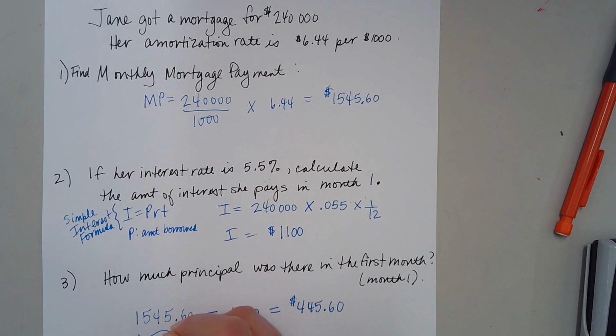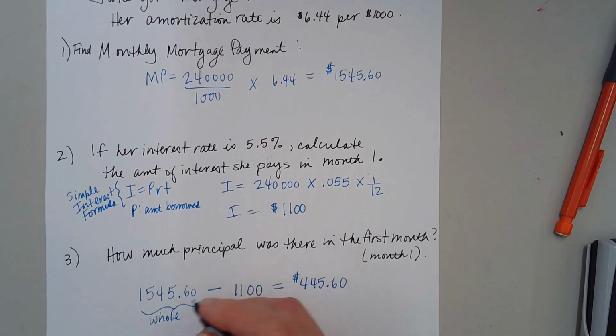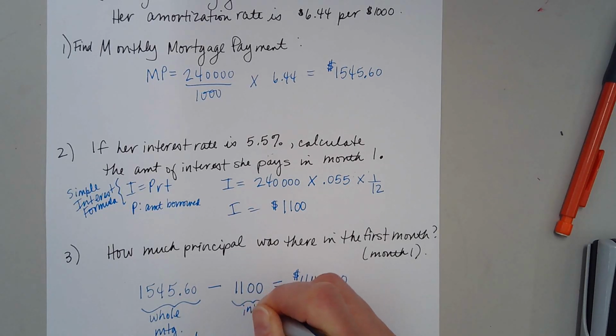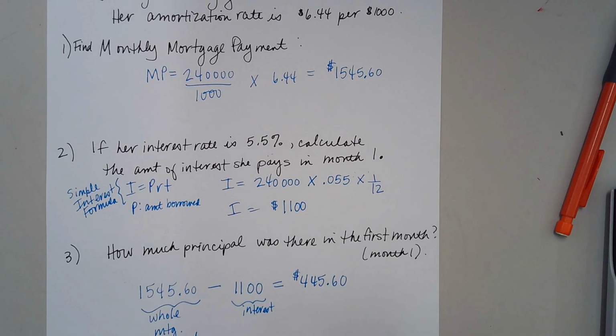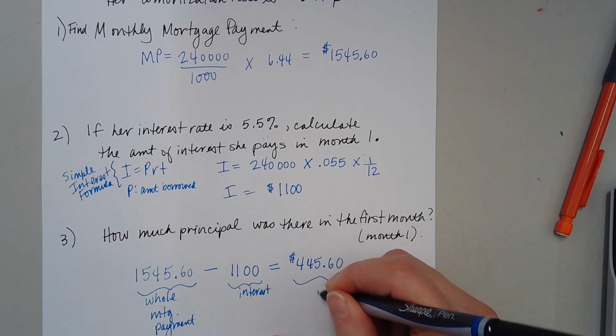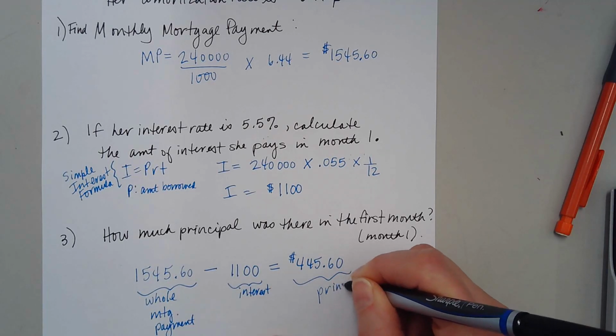This is the whole mortgage payment. This is the amount of interest, and there's only a formula for the amount of interest. There's no formula for principal. It's just found from a simple subtraction. So this is the amount of the principal.